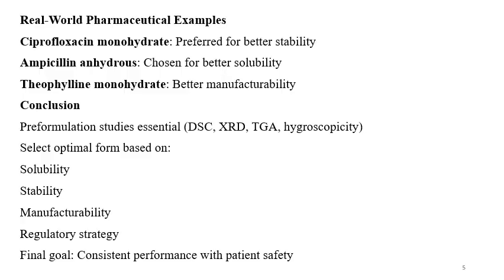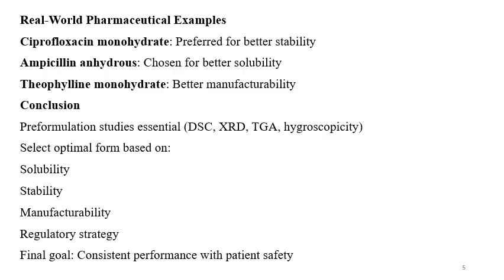Real world pharmaceutical examples: ciprofloxacin monohydrate is preferred for better stability. Ampicillin anhydrous is selected for better solubility. Theophylline monohydrate is for better manufacturability. In conclusion, we need to perform the preformulation studies and understand the polymorphic form, also solid form, hydrate form, monohydrate form, anhydrous form, and techniques like DSC, XRD, TGA, and hygroscopicity are required to be studied.